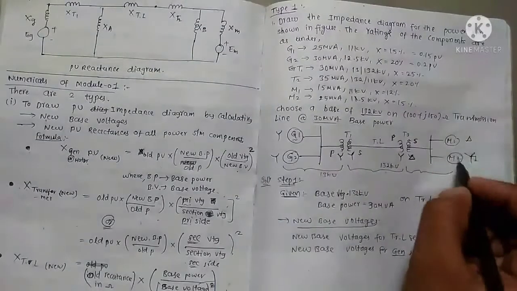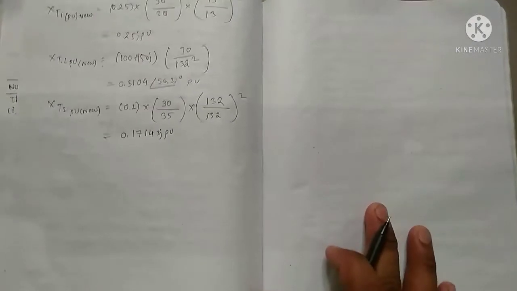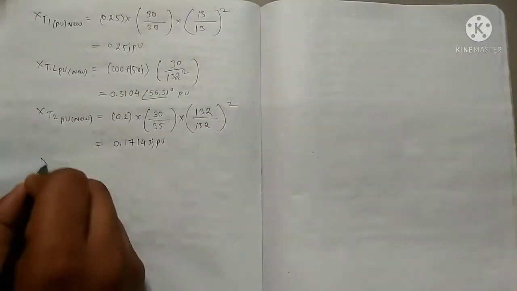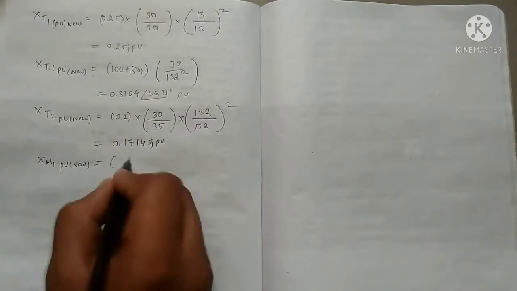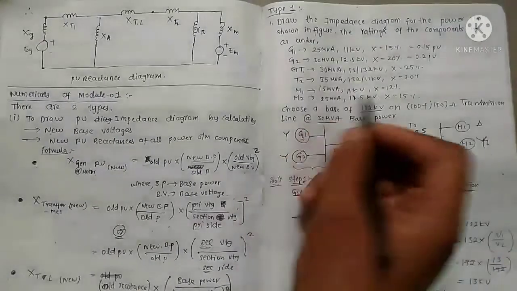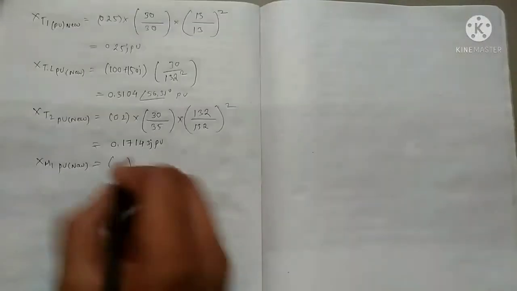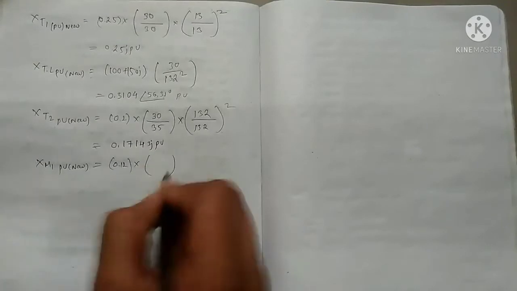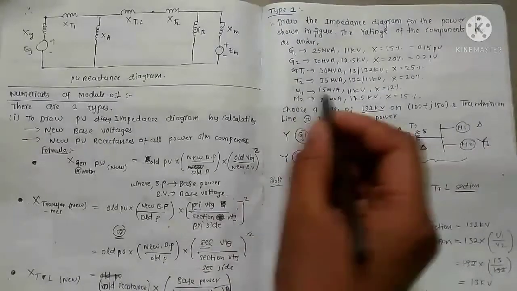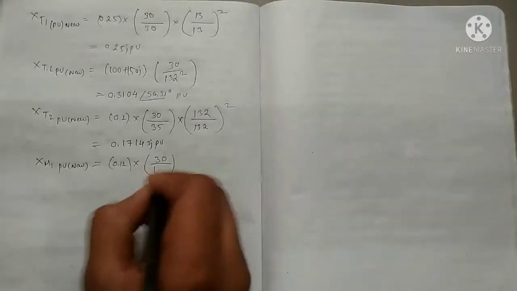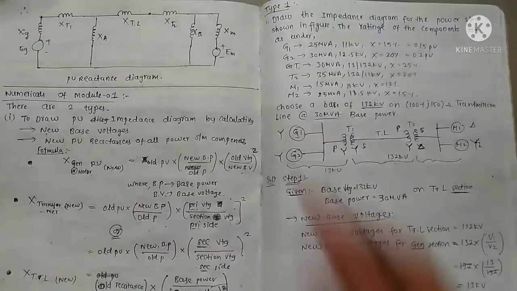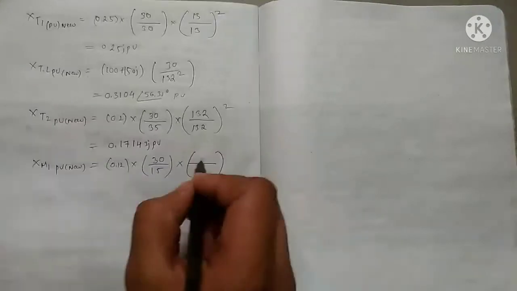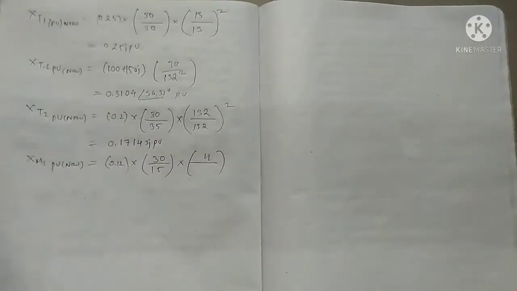Now we are left with motor 1 and motor 2. Motor 1 pu new is equal to old motor pu. Motor given 12%, that is 0.12, multiplied by new base power 30 divided by old power, which they gave as 15, multiplied by old voltage, given in the question as 11 kilovolt, divided by the new voltage of that section.